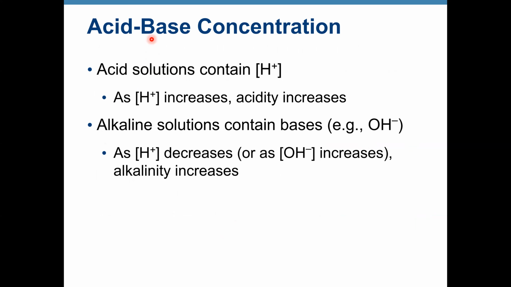Now, acid and base. An acid solution contains a higher concentration of hydrogen. And when the concentration of hydrogen increases, then acidity increases. Alkaline solution contains bases, for example, OH-. And when we have a decrease of concentration of hydrogen, then we have an increase of alkalinity.